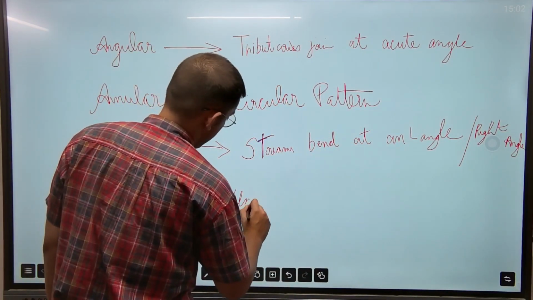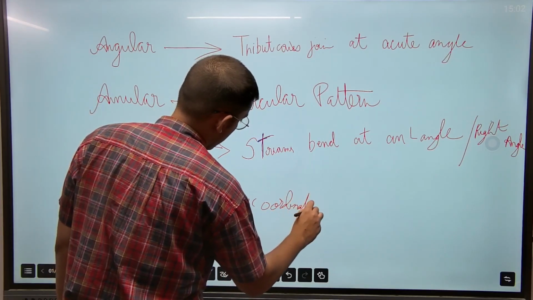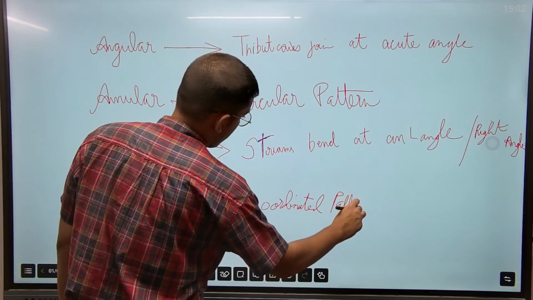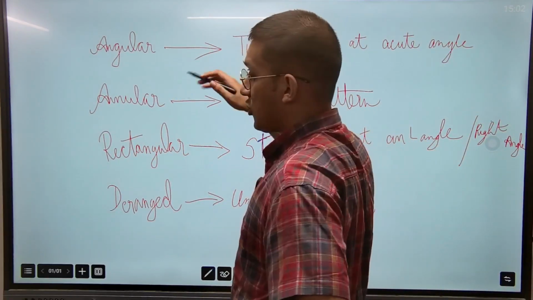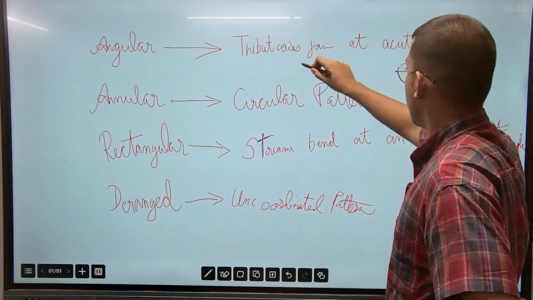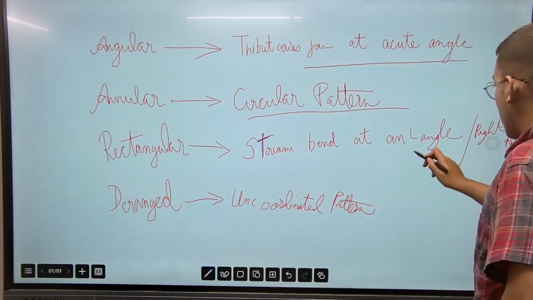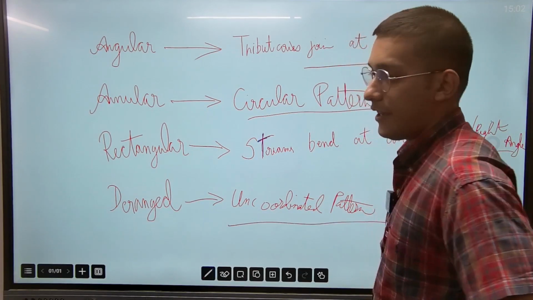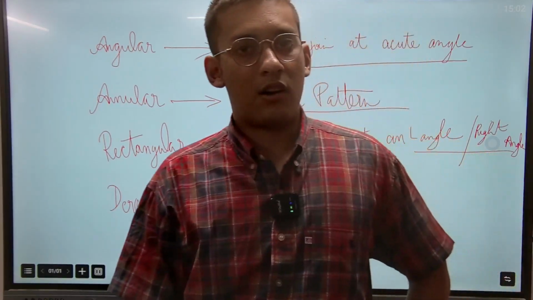It will be an uncoordinated pattern. These are the other drainage patterns. We have angular, tributaries join at acute angle, annular circular pattern, rectangular will be a right angle, and deranged will be an uncoordinated pattern. It flows without any such pattern or ordered manner.